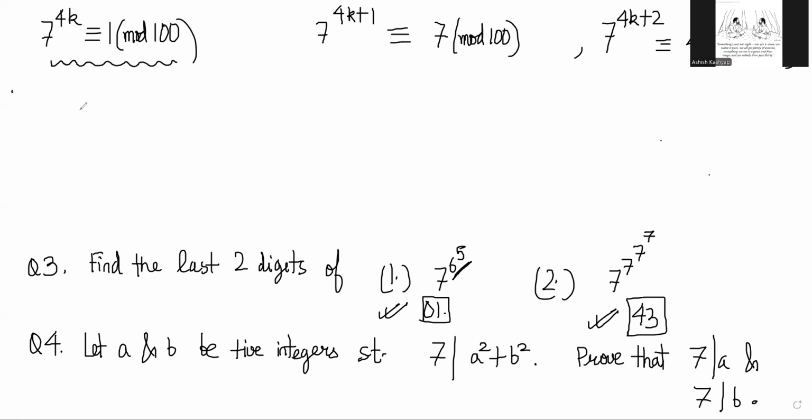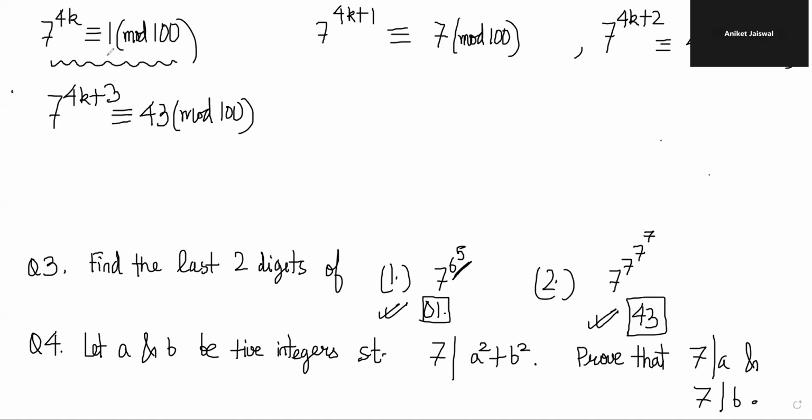And similarly 7 power 4k plus 3, 43 mod 100. 4k plus 4 पे जाने की जरूरत नहीं है, क्योंकि 4 से divide करेंगे तो इतना ही remainder आ सकता है, 0 1 2 3, right? So there are only 4 options, 1 7 49 43, right?